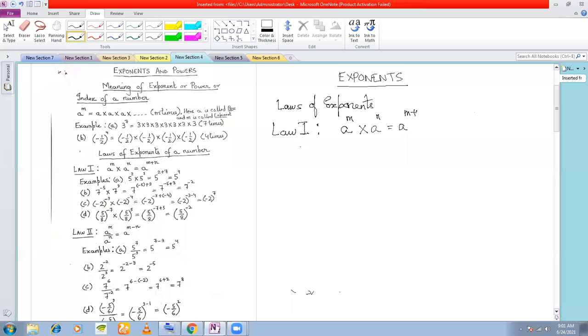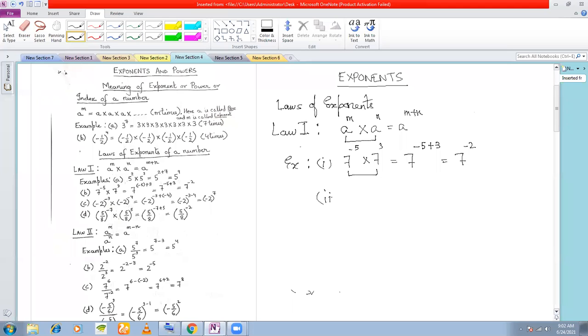You have already done this elementary application in class 7. Not much explanation is required, but if the bases are equal, then you can add up the powers. For example, 7 to the power of -5 into 7 cube: the bases are the same, so we can add up the powers, -5 plus 3. You simply get 7 to the power of -2.